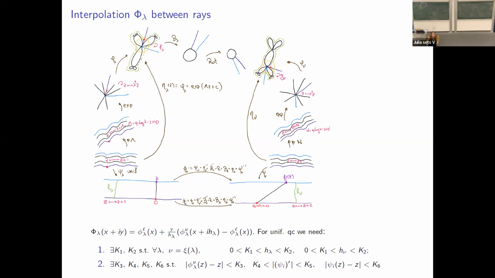And how do you prove that this map is uniformly quasi-conformal? Well, I mean, you're interpolating by straight line. If this 0 and zeta, 0 goes here, and zeta goes here, this line goes to this line. What do we need? We need the width of these strips to be comparable. So they have to be bounded from below and from above.